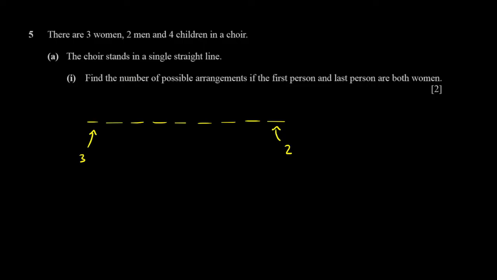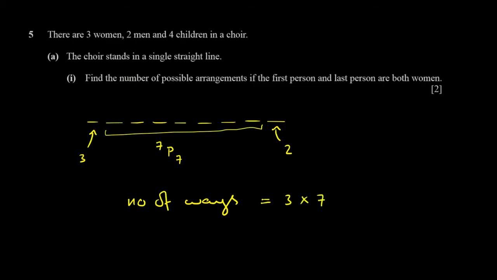So now what we've got to do is choose the remaining 7 people in the middle. And the number of ways I could do that is 7 factorial, or if you prefer, 7P7. And the reason for that is we've got 7 people remaining and we're arranging 7 of them, so that's 7P7. So the total number of ways is going to be equal to 3 times 7P7, which is the same thing as 7 factorial, times 2.